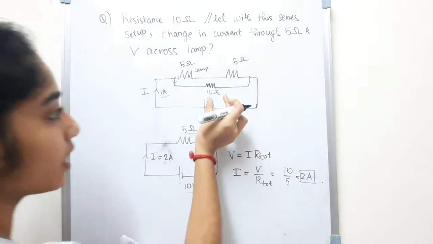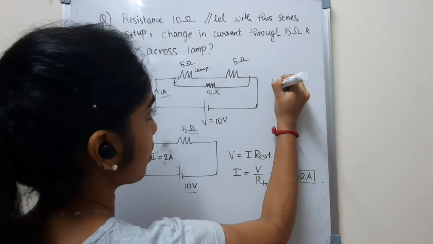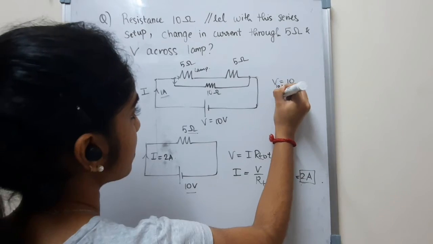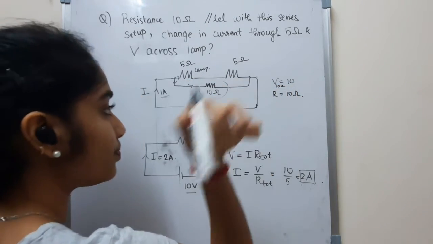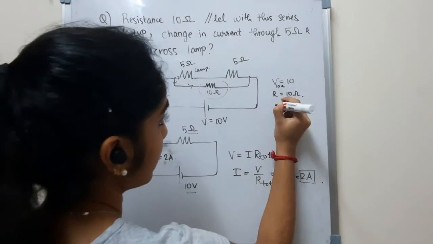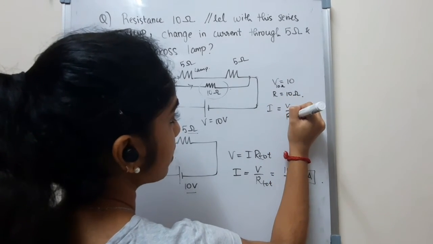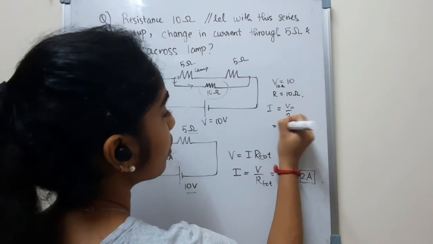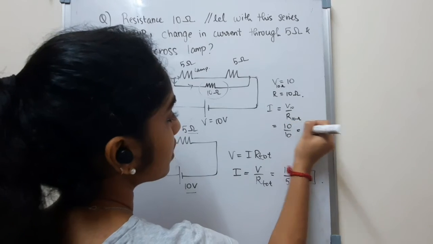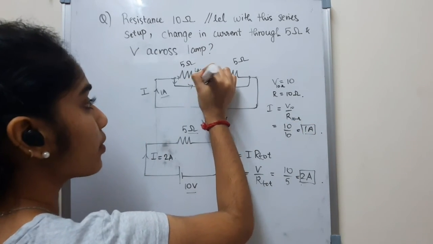So across 10 ohms, voltage is 10 and resistance is 10. So the current through this resistor is I is equal to V by R. So V 10 by R, R 10 ohms. So that is 10 by 10 and 1 ampere. So 1 ampere is flowing through this.